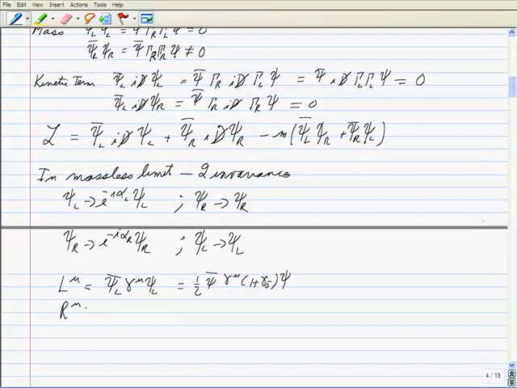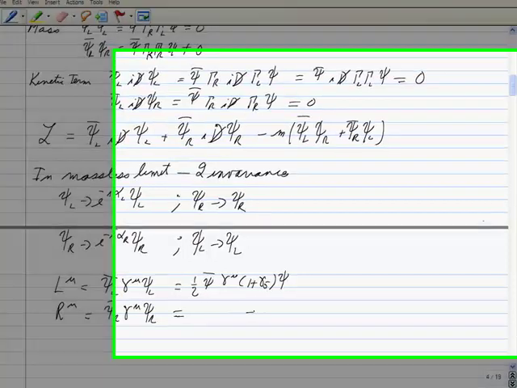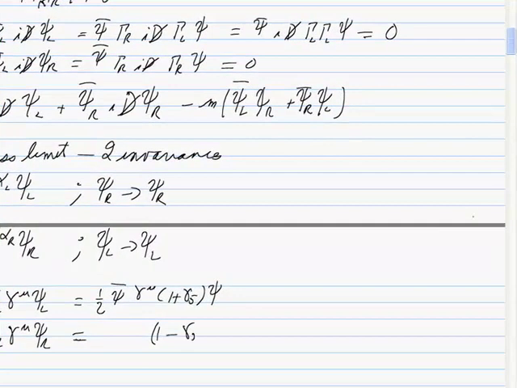And R mu, psi bar right gamma mu psi right, is the same thing with a minus, 1 minus gamma 5 there. These both are conserved. d mu L mu equals 0 if m equals 0.